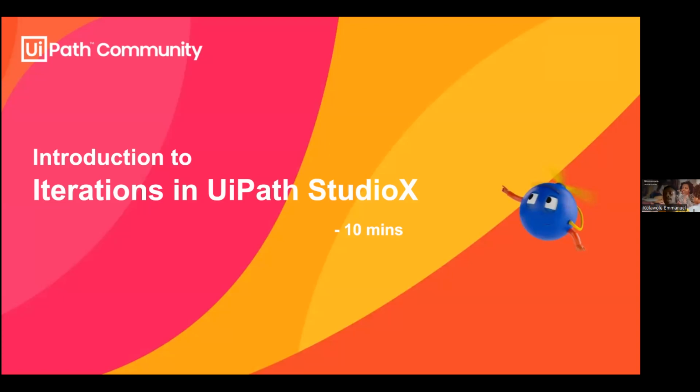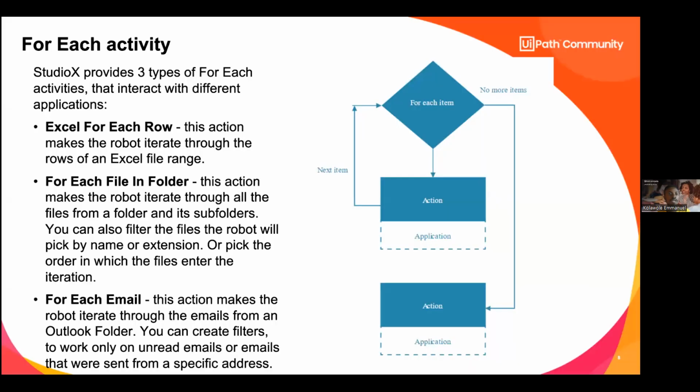Or every morning, okay, not everybody goes to work during the weekend, but whatever you do over and over again is iteration. And in UiPath StudioX, we have different activities that we can use to carry out one particular thing over and over again.